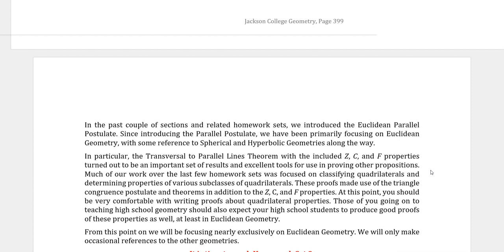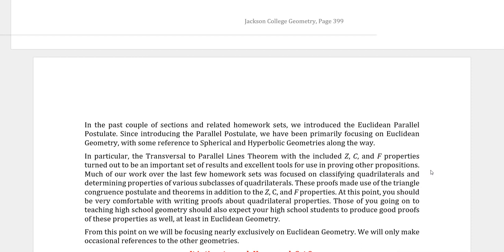In particular, our next little chapter is on similarity and some concepts of that. And similar triangles that are not congruent don't exist in hyperbolic and spherical geometry. So that's another reason for abandoning those two geometries in our further study.